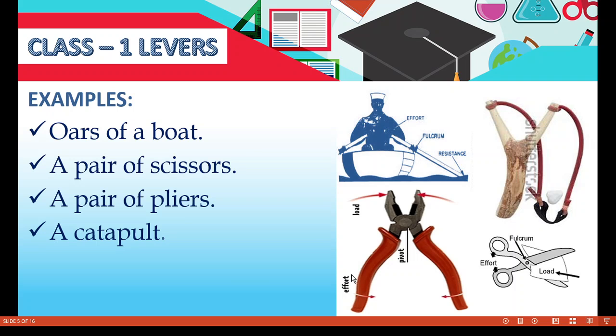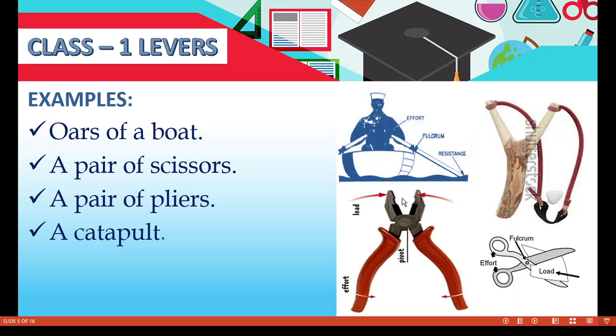This is called the effort. Here the two arms of the pliers are fixed about the fixed center, called the fulcrum or pivot, and the load, that is the resistance, will be placed in the center between the two arms of the pliers.